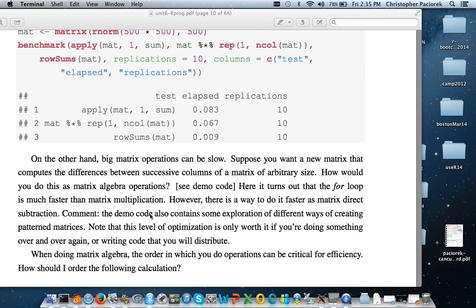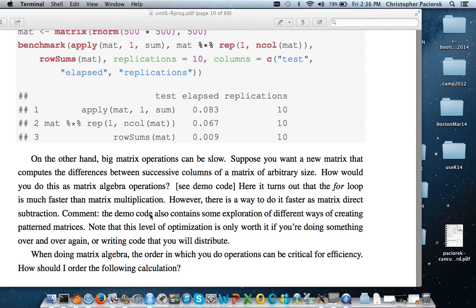After applying some function to it, I want to get out as the first column the difference between the second column minus the first column, and then the third column minus the second column, and so on and so forth, up until the nth column minus the n minus 1 column.